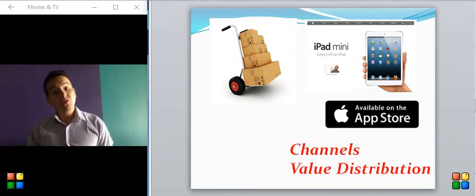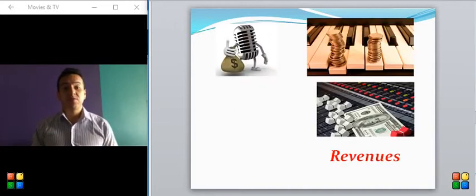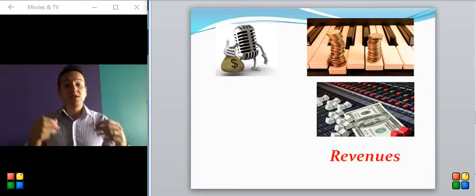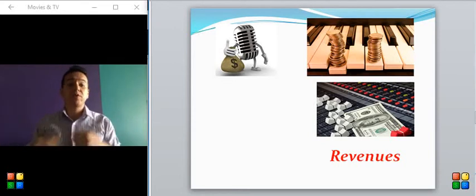Now we are going to speak about revenues. Revenues are pretty much all the fees the customer pays in order to have this music. It's about how they make money. It is all the money they have from the customers who pay for this music. So it could be defined as the revenue for iTunes.